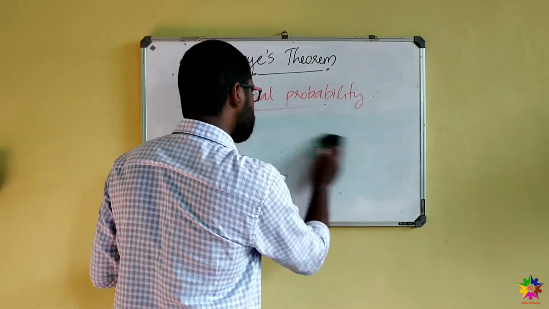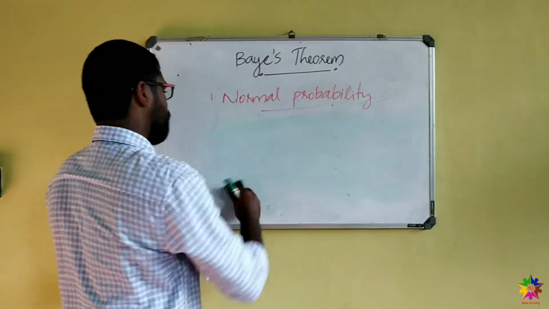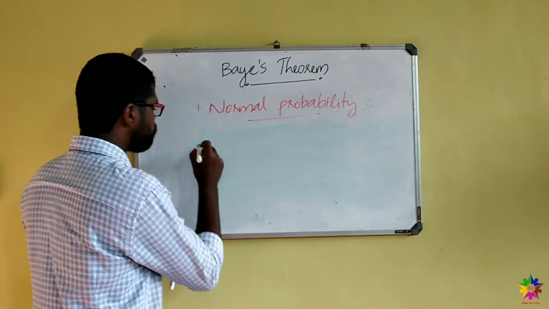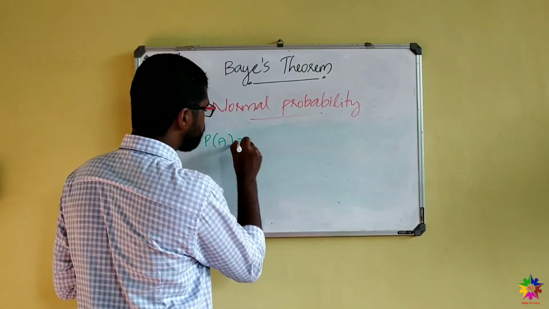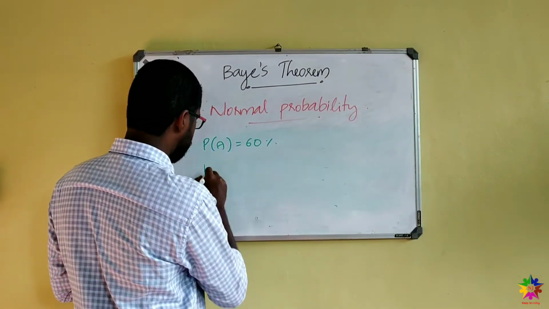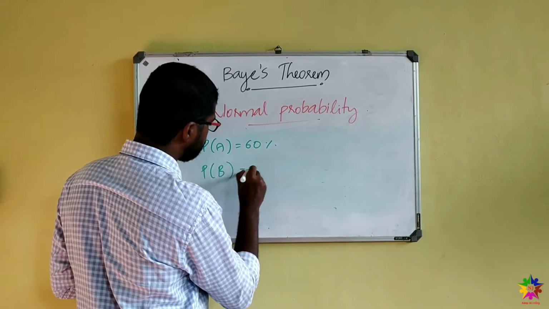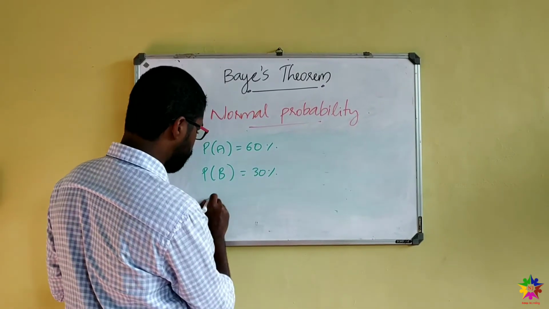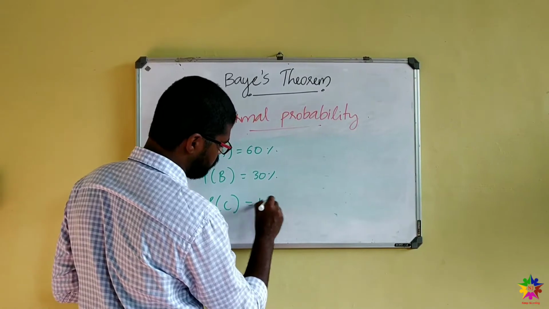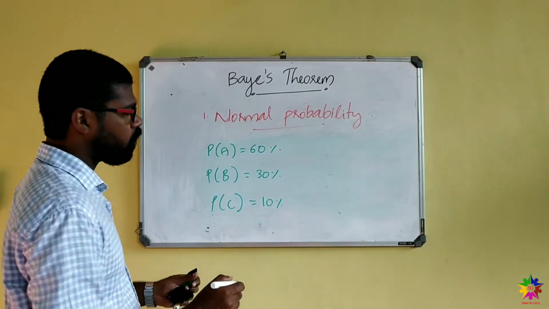And suppose a question is asked like this. Suppose probability of A is equal to 60%, probability of B is equal to 30% and probability of C is equal to 10%. So what does it mean?